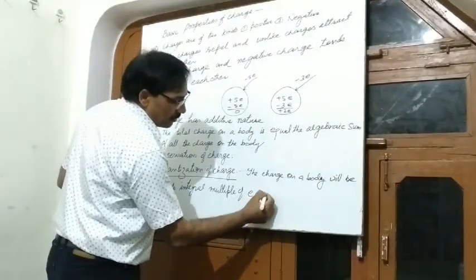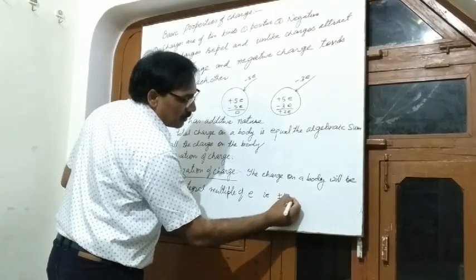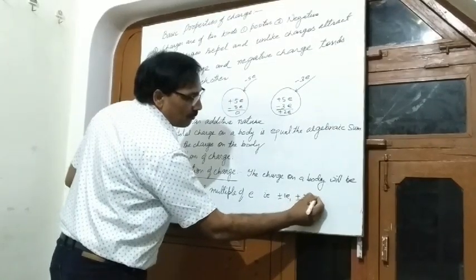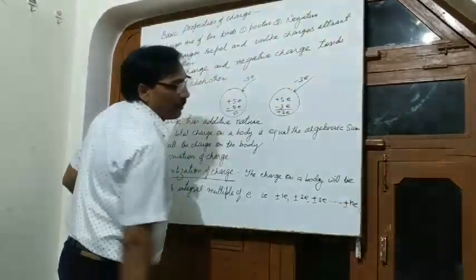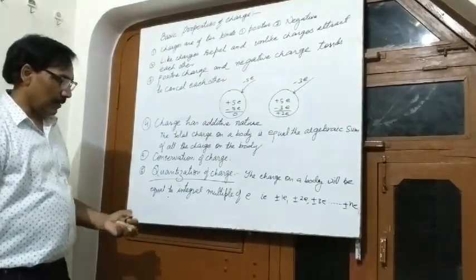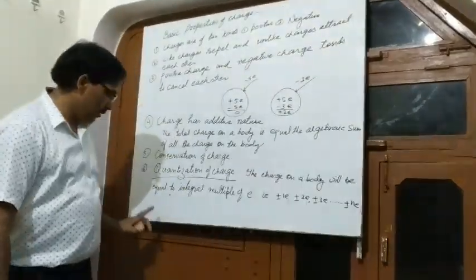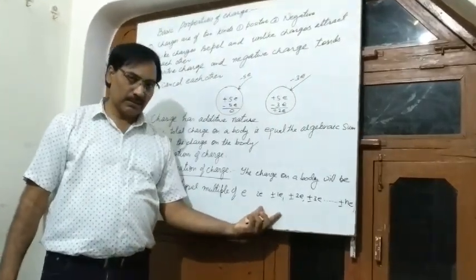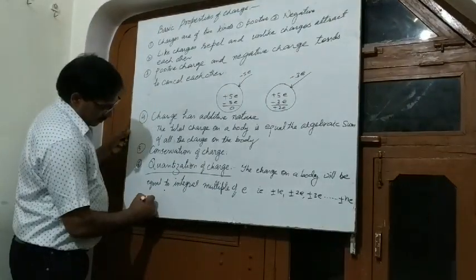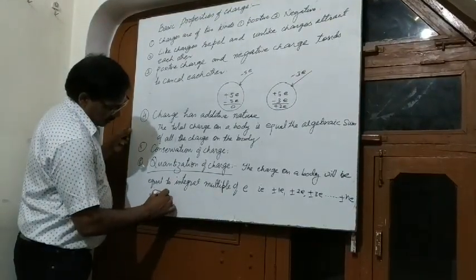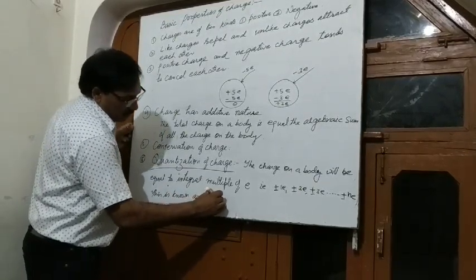That is plus minus 1e, plus minus 2e, plus minus 3e, dot dot dot, plus minus ne. The charge on a body will be equal to the integral multiple of e. This is known as quantization of charge.